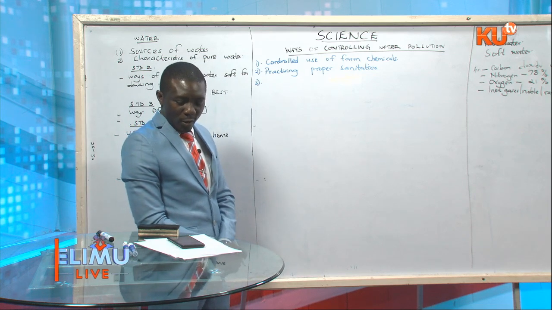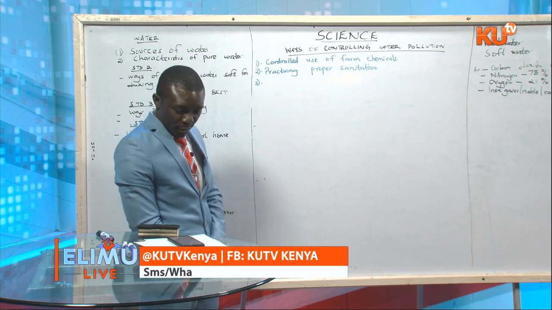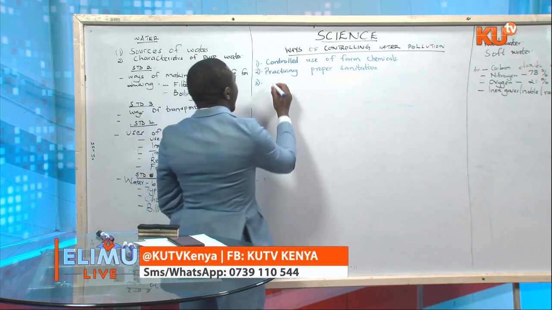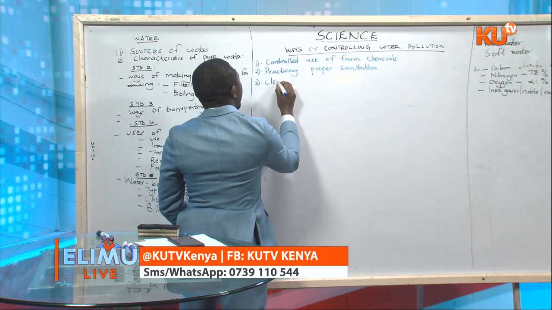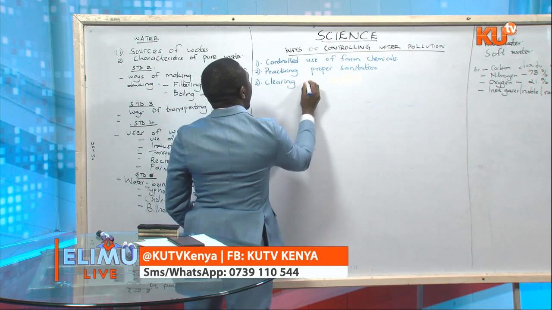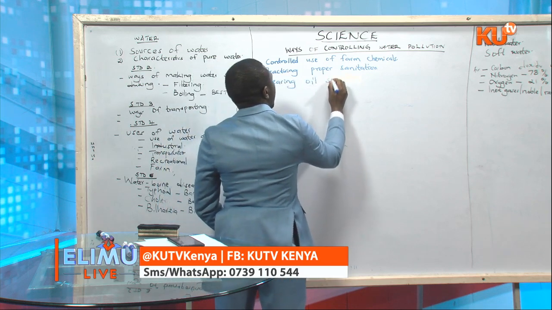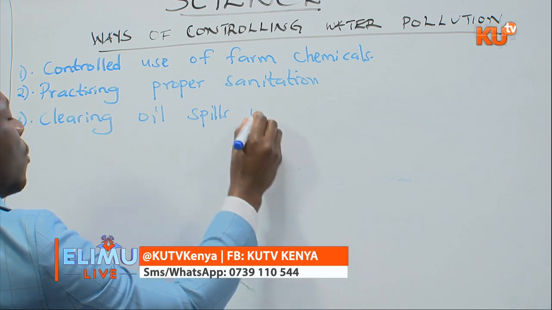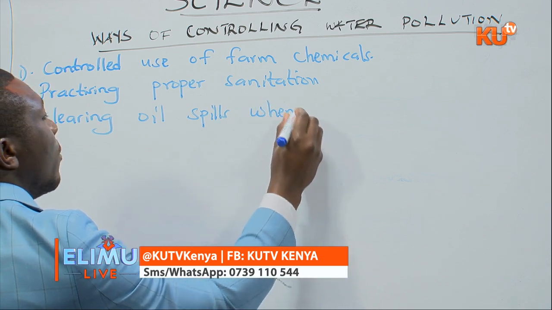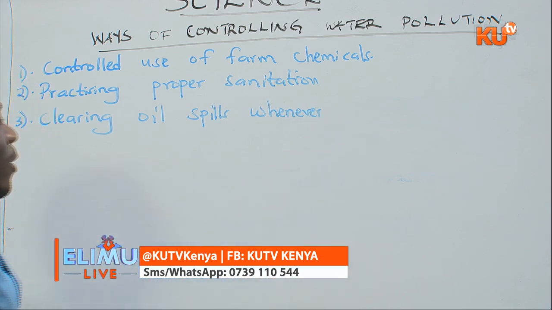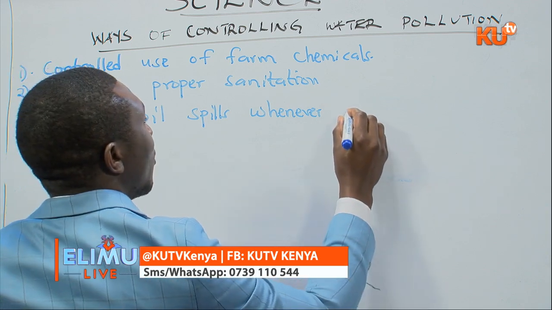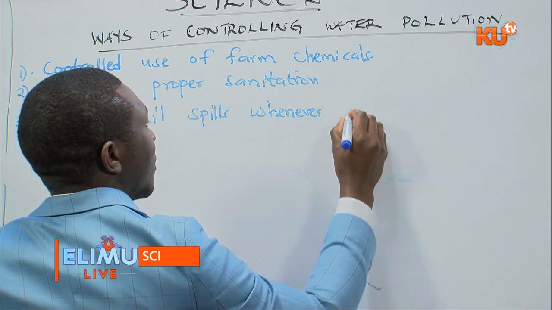The other one, number 3, we said oil spillage is a water pollutant. So another way of controlling this water pollution is by clearing oil spills whenever they occur. And remember, oil spillage occurs on large water body masses.